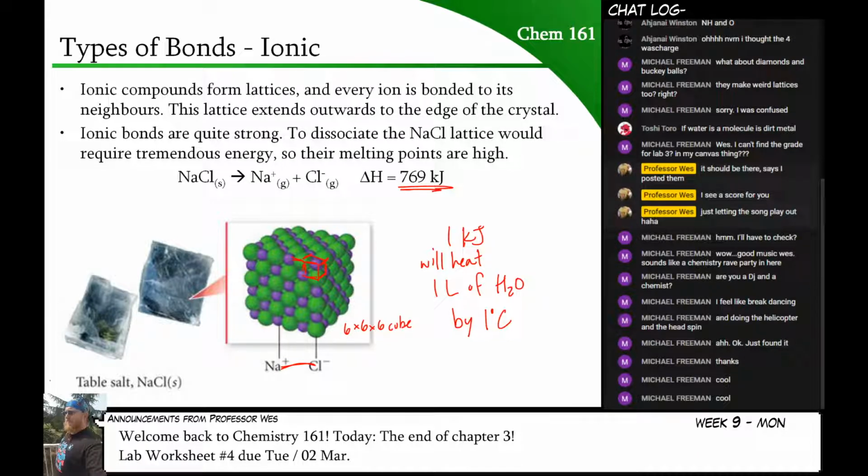Actually, no, I'm sorry, that's wrong. That's 1 kilocalorie. I'm going to round it to 1 sig fig. We're just going to write 4 kilojoules. It's actually 4.184, but so 4 kilojoules will heat 1 liter of water by 1 degree Celsius.